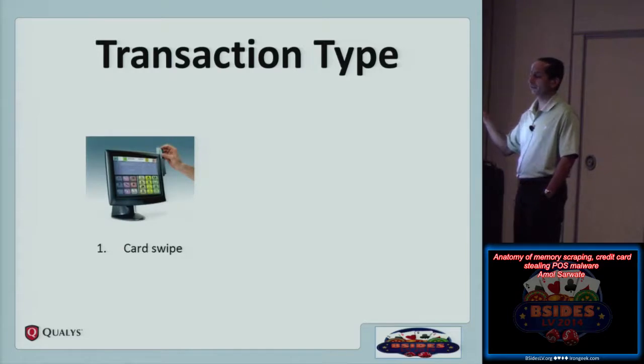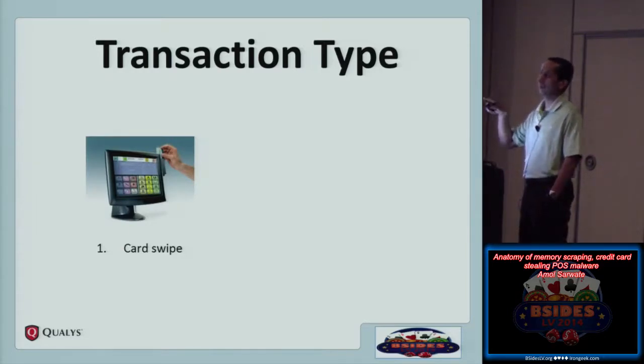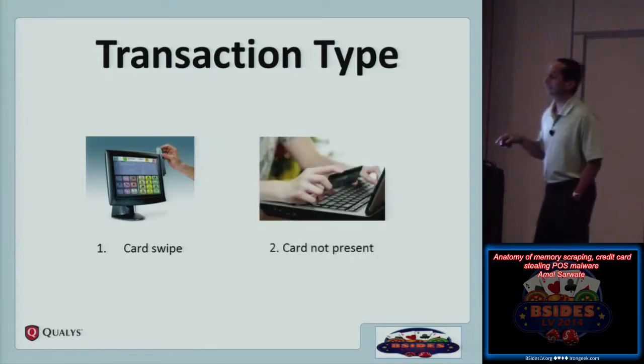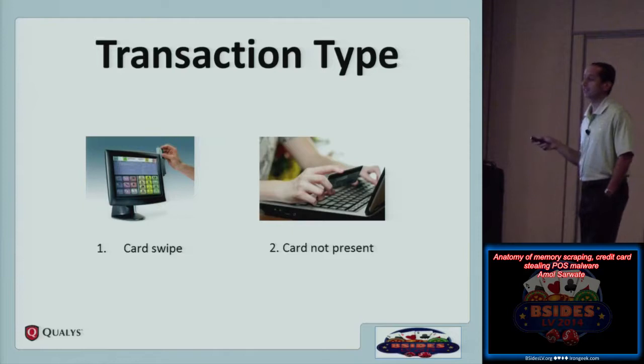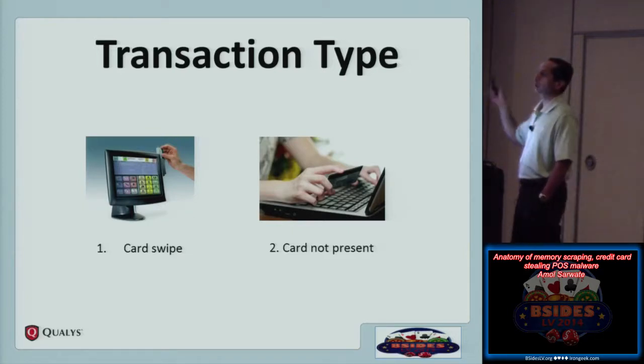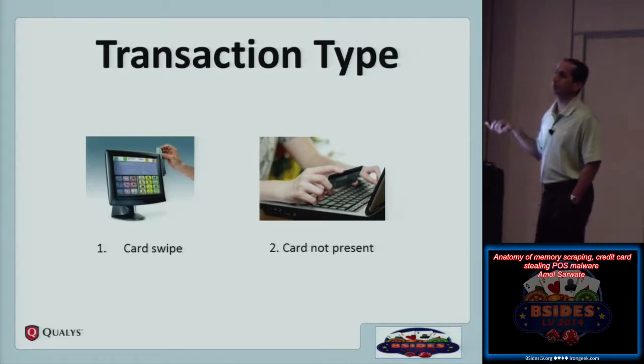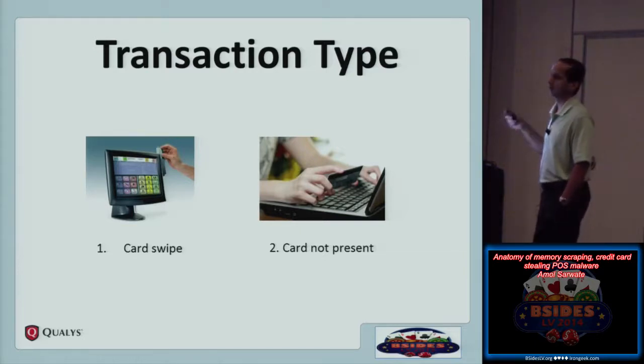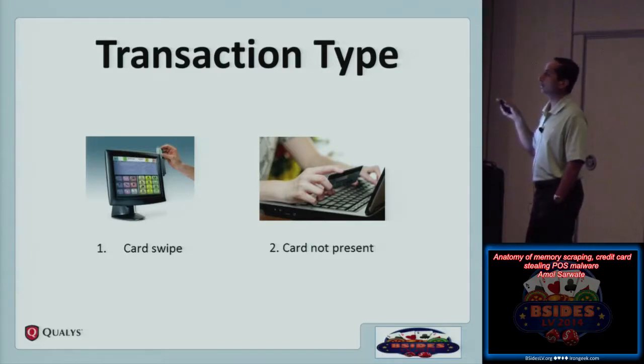In this type of transaction, the card is swiped, so the CVV on the magnetic stripe as well as all the track 1 data that we saw is used. While the second type of transaction is the card not present, or CNP, transaction, where you do not swipe your credit card. This is when you buy things from Amazon, from eBay and whatnot. In that case, they ask you to enter the CVV which is on the back of your card.